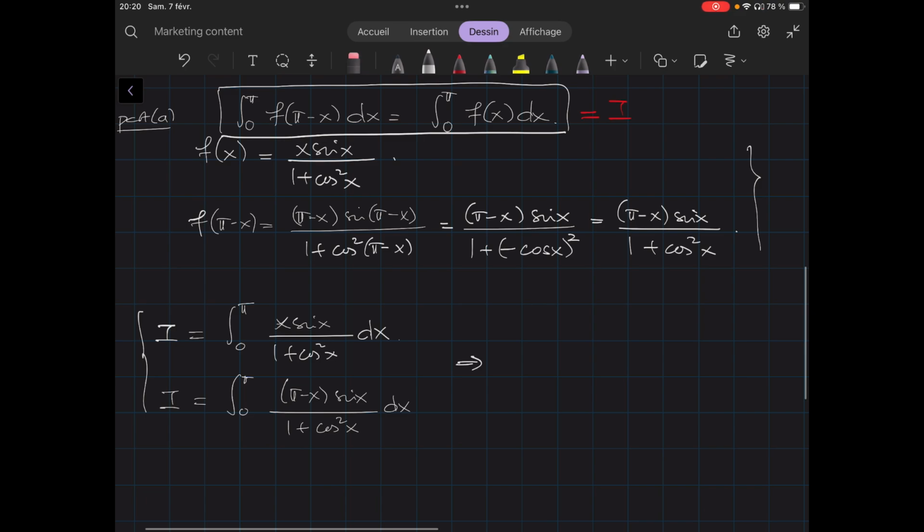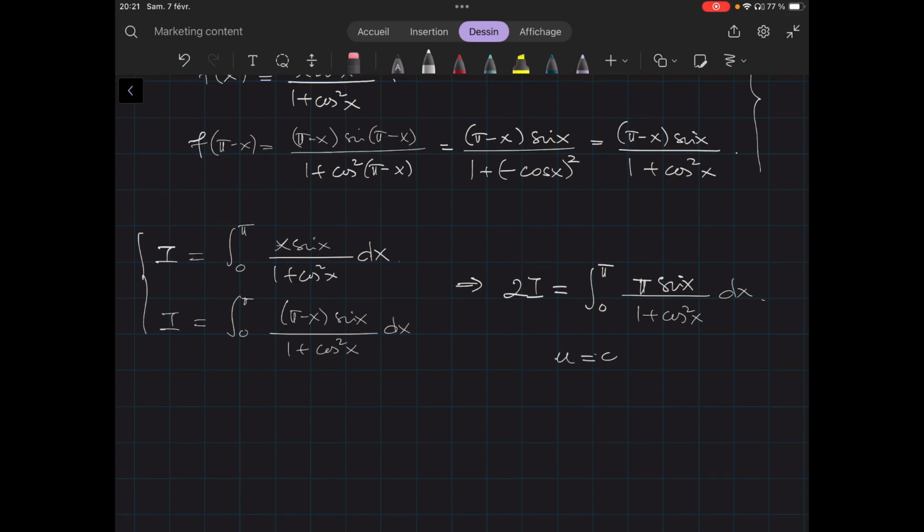Therefore, if we add the two, 2I is equal to the integral of pi sine of x divided by 1 plus cosine squared of x dx. Beautiful. And from here, we should be able to bring it home.